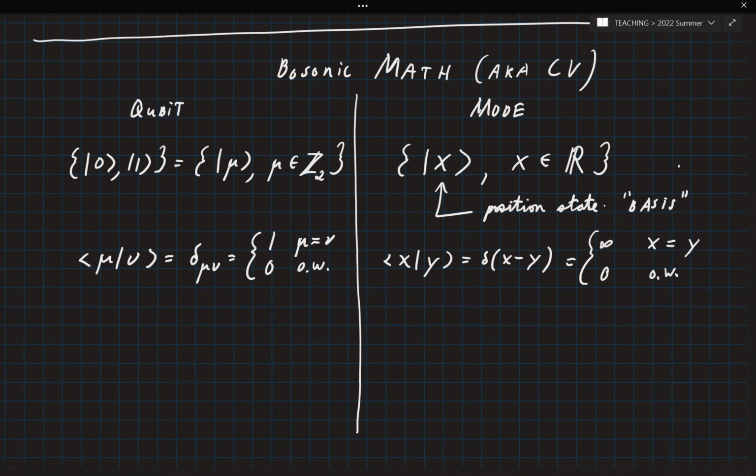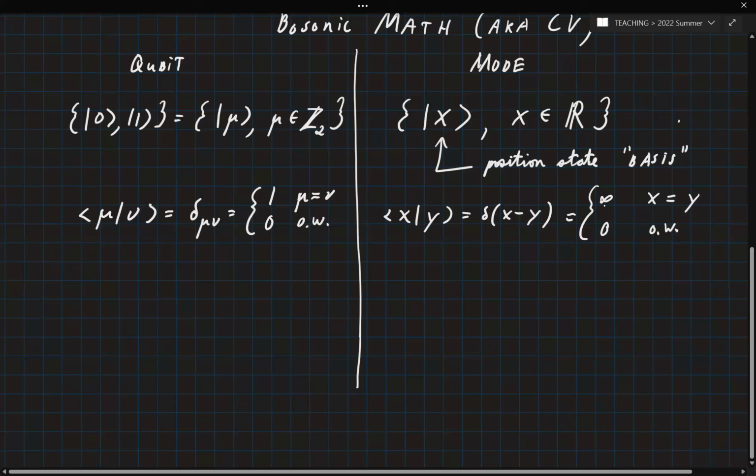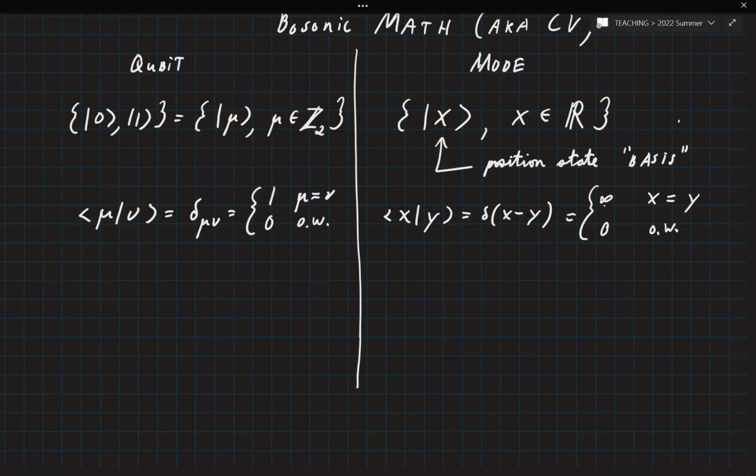One more thing we do want to say is that this space that is spanned by this quote unquote basis is really just a space of functions that are physical, aka normalizable. So while the basis states, the position states, are not normalizable, they do indeed form a complete set of states that you can use to expand any function. So I can take a function f of x and I can map it into a superposition of these basis states where the coefficient is just f of x.